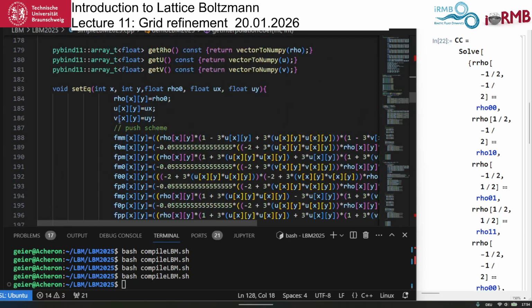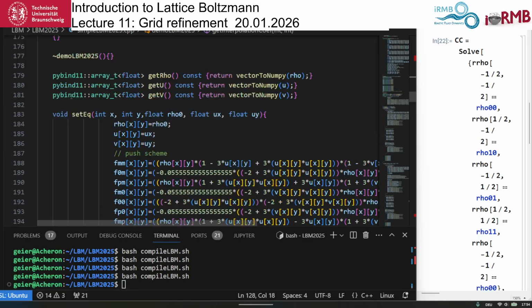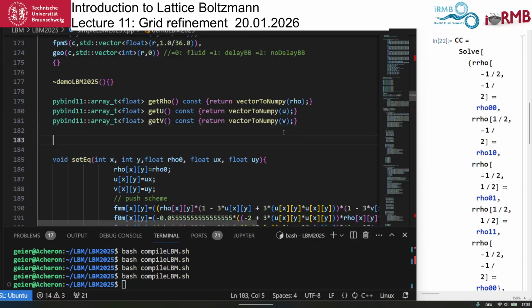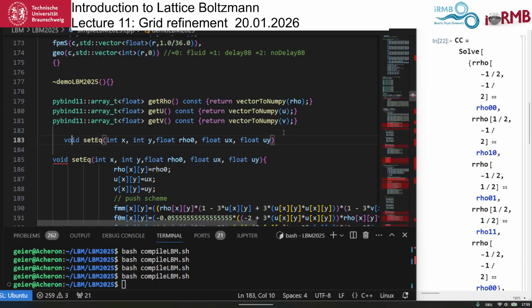Okay, but in principle we want to have something that looks like this. Yeah? So we want to have something that, yeah. Okay, it's also equilibrium and non-equilibrium, all of them together.